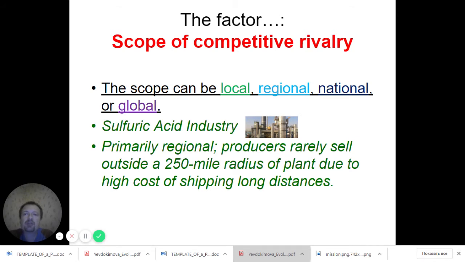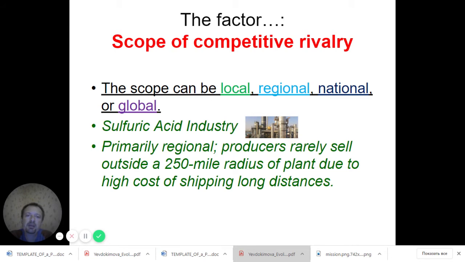Regional. The next is regional scope of competition. Regional competition means that we are competing with enterprises which are situated close to us, but maybe in the next region. If speaking about Ukraine, it could be not only Kharkov region, but maybe Sumy region, Dnipro region.